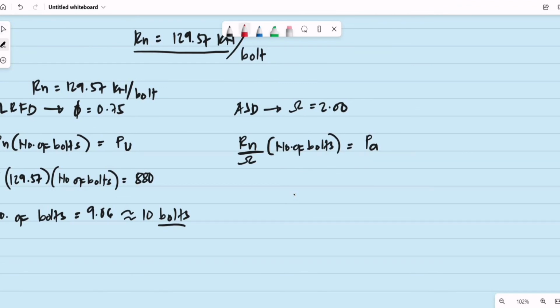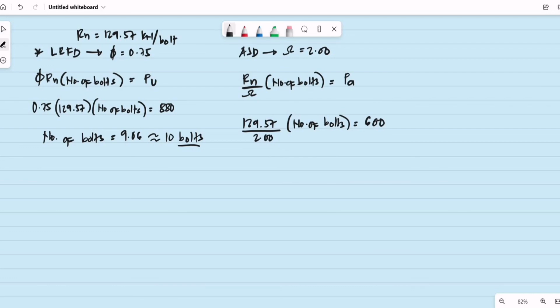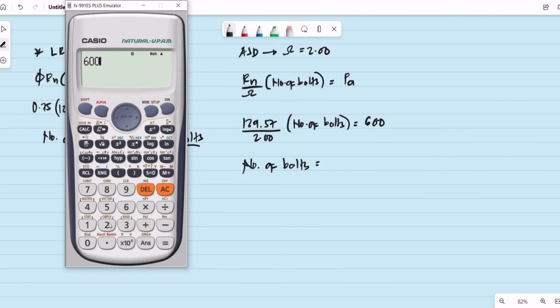Our R sub n, 129.57 divided by the factor of safety of 2.00, multiplied by the number of bolts, is equal to our allowable load of 600 kilonewtons. So the number of bolts under ASD is 600 times 2, divided by 129.57.